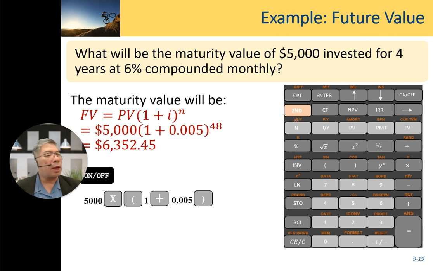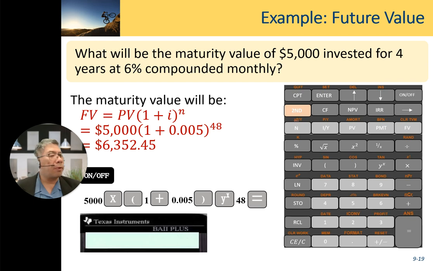Okay, and then go to the y to the x, which is for the exponent, which is 48. Okay, 48, then equal to, and you get the number 6352.445. Okay, that's how you do it, the logic for it.